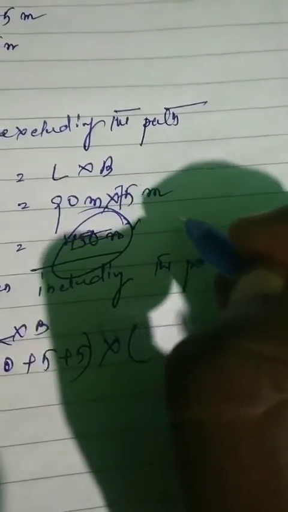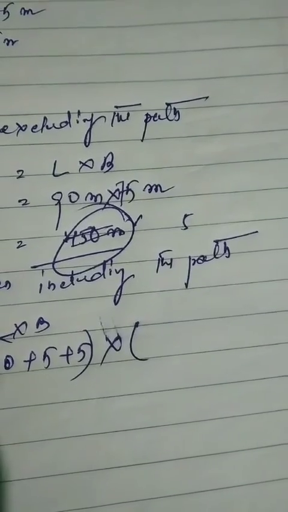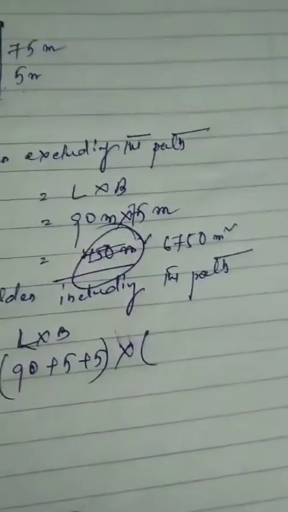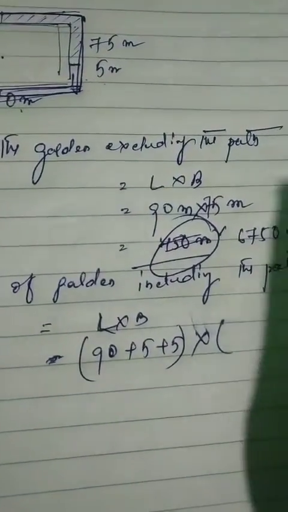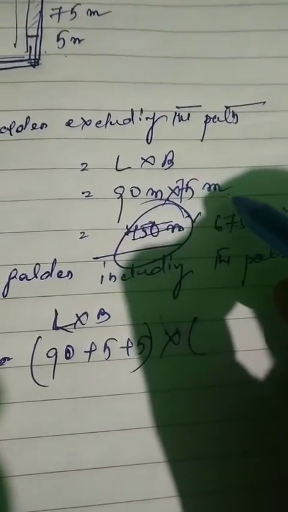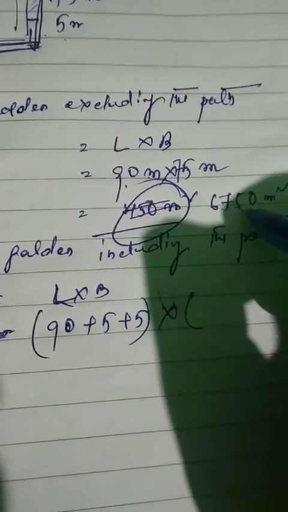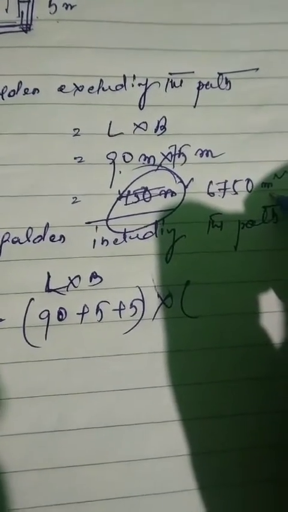So 90 into 75 is how much? 6750 meters square. It was my mistake, I hadn't noticed the breadth properly. So the breadth is 75 meter, length was 90 meters, and 90 into 75 is 6750 meter square.